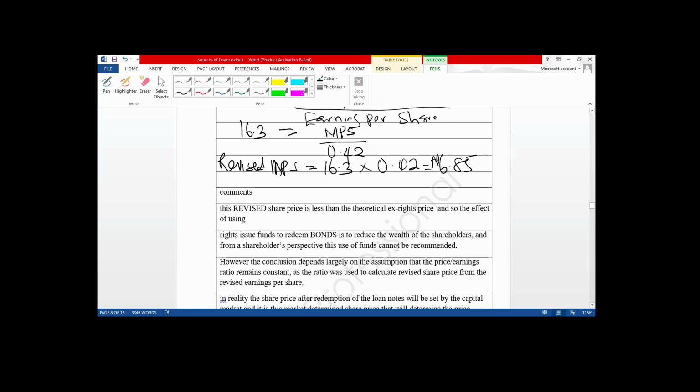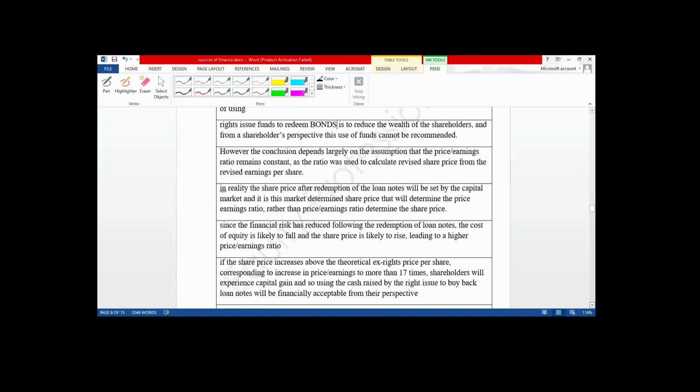In reality, the share price after redemption of loan notes will be determined by the capital markets. It is this market determined share price that will determine the price earning ratio.